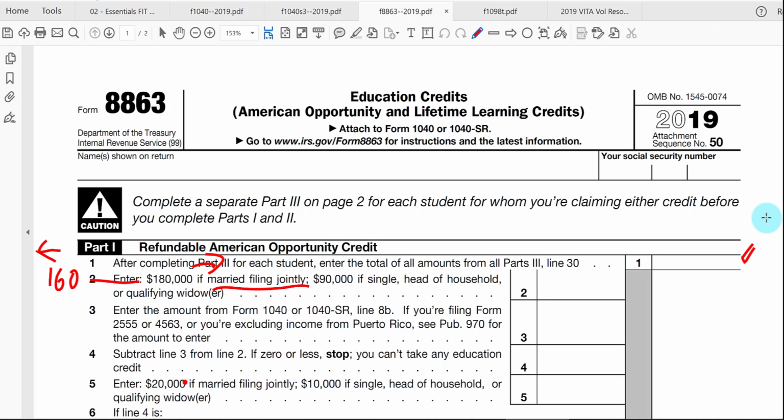In the case of single or other filing statuses, you use this 10,000 phase out range. In other words, from 80 through 90. If your AGI is below 80, then you get to use all of this credit. If your AGI is above 90, you get to use none of this credit.